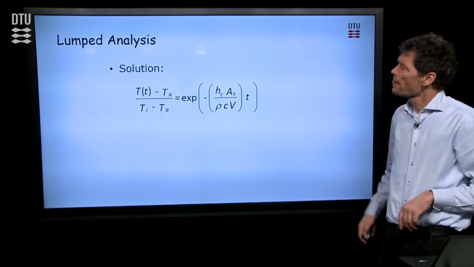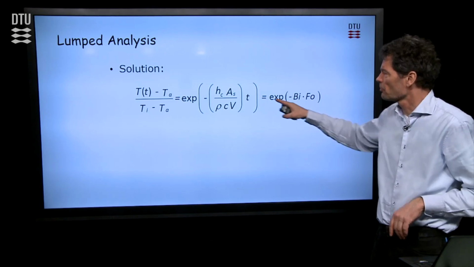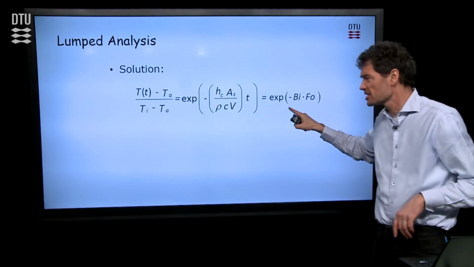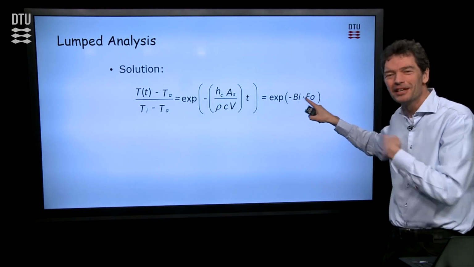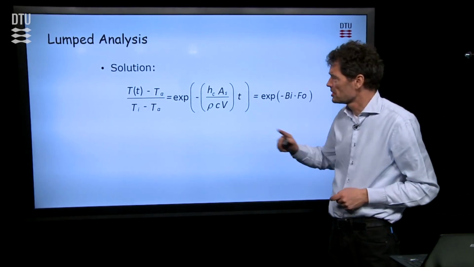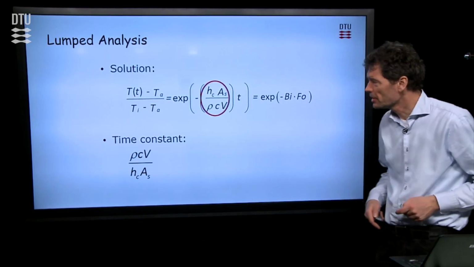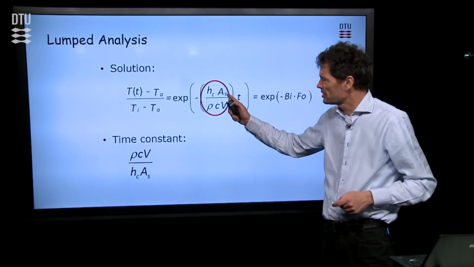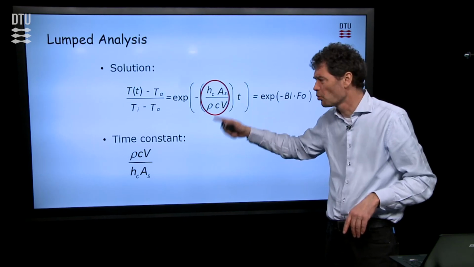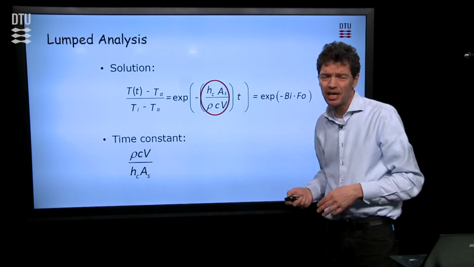You can read it. But if we look a little bit at that number, we can actually see that what we have in the bracket here is exactly the same as the product of the Biot and the Fourier numbers I presented earlier. Also, look into this coefficient here. Again, 1 divided by all the numbers with which we calculate the coefficient, 1 over all that is also a time constant.